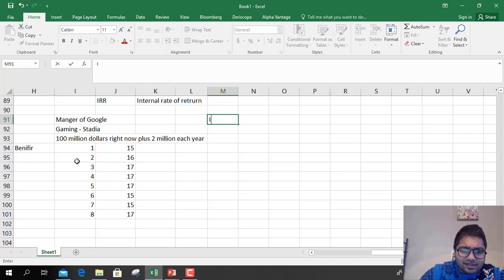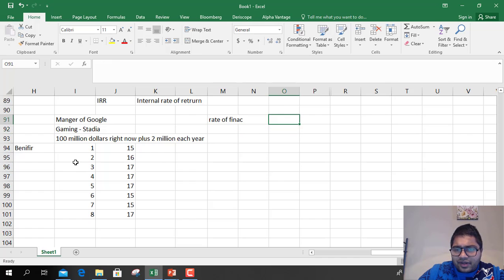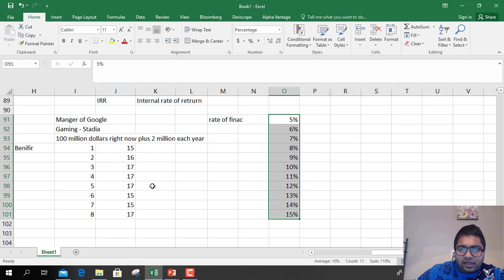The rate of financing can be different. Let's say it starts with 5%, 6%, till 15%. So 6 to 15.